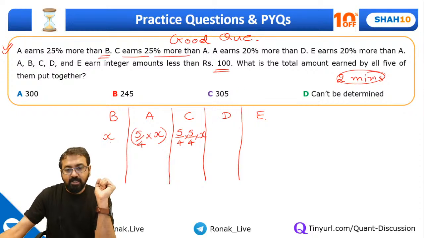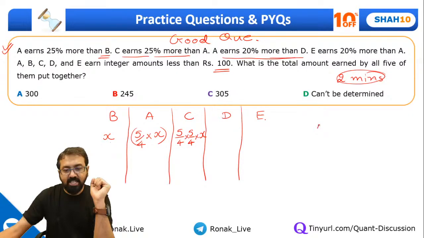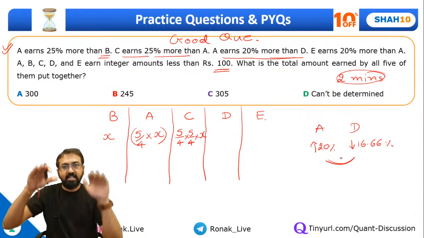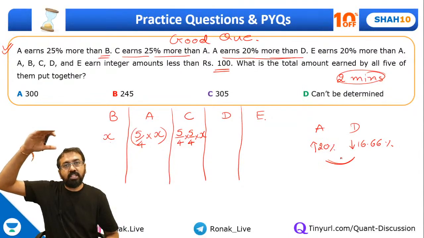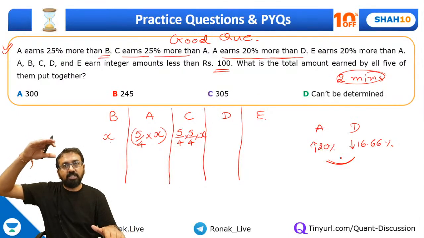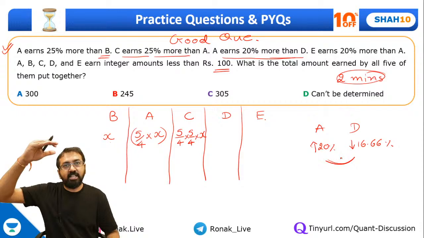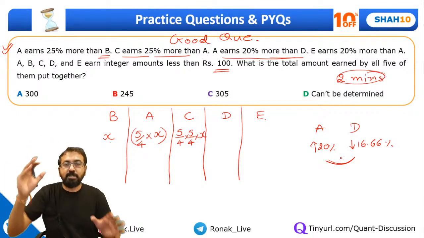Great. Now A earns 20% more than D. So D must be earning 16.66% less than A. Pair of percentages, do you remember increase and decrease? If something is 20% more than the other, the other should be 16.66% less than the first one. If you increase a value by 20% and then reduce it by 16.66%, it will cancel off.